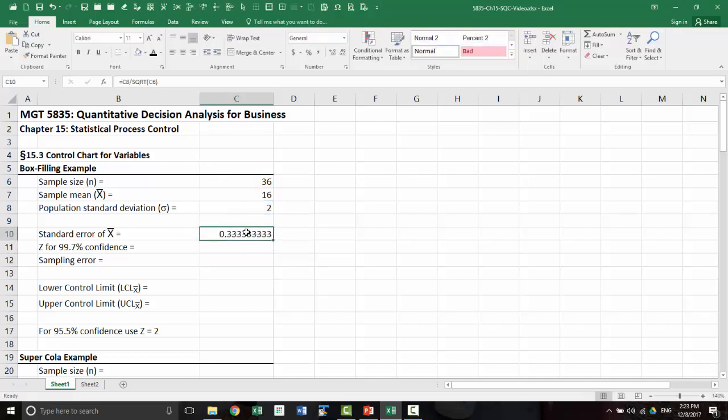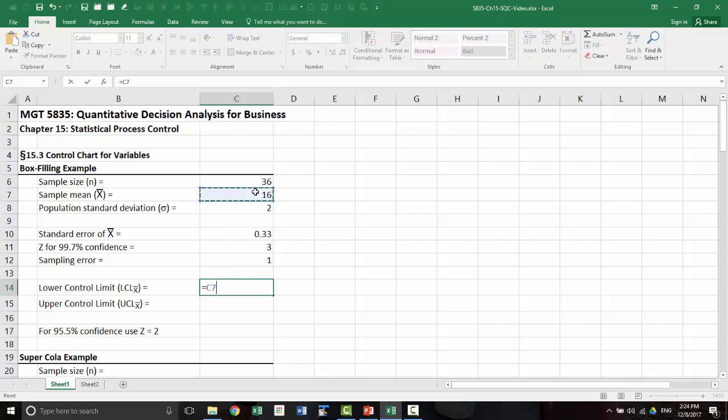Now z for 99.7% is 3. If you desire 95.5%, z will be equal to 2. So now the sampling error is z times sigma of x bar. Then the lower control limit is x bar minus sampling error, and the upper control limit is x bar plus sampling error.